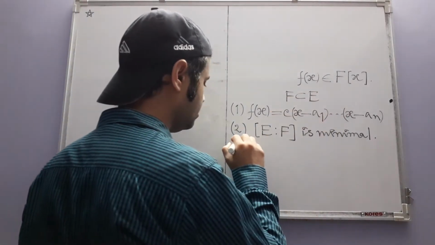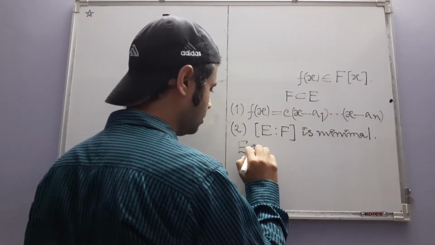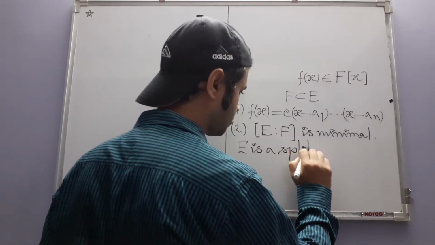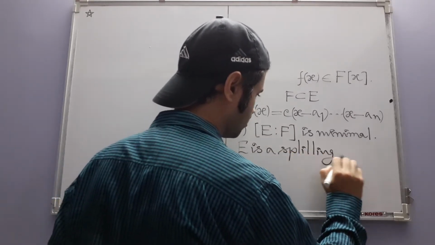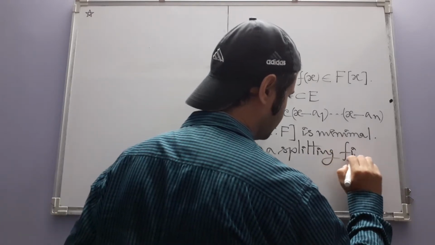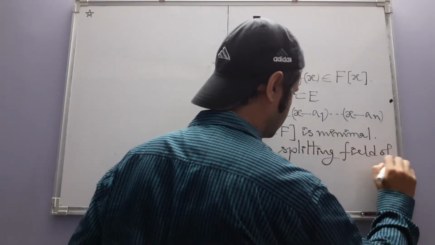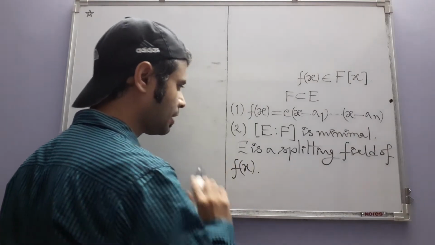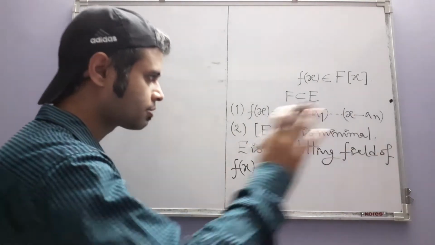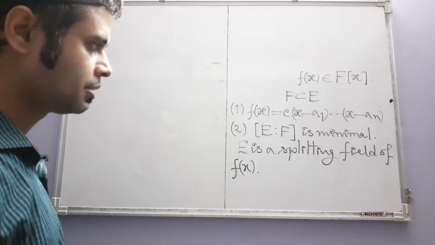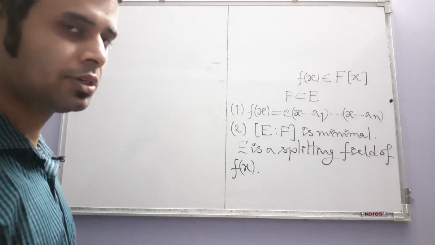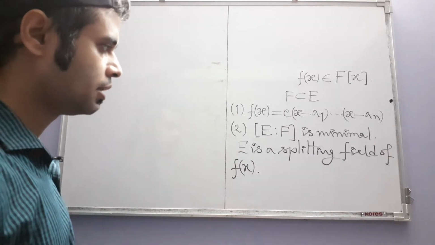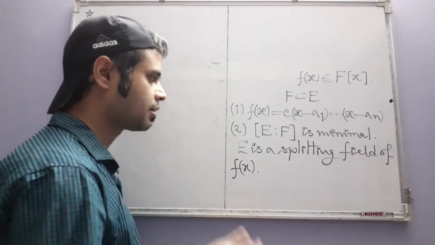Now such an extension has already been called a splitting field of the polynomial. So this E is a splitting field of f(x). Over E, f(x) splits completely. But then, as we saw previously, the natural question arises that if there is one splitting field, maybe there are others also.